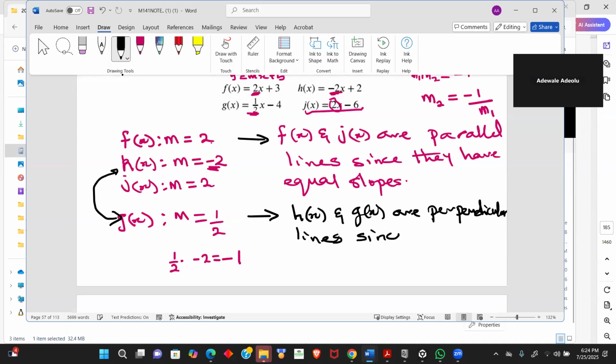Since or because, since the product of their slopes is -1.